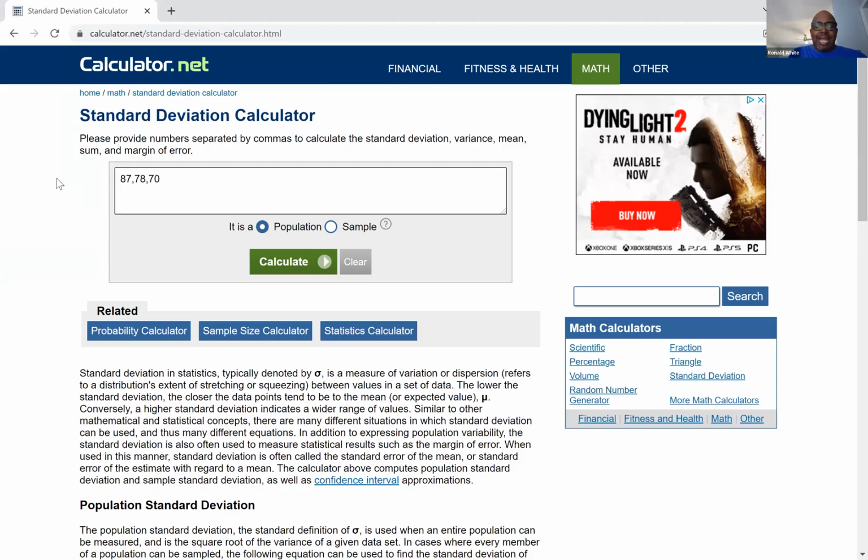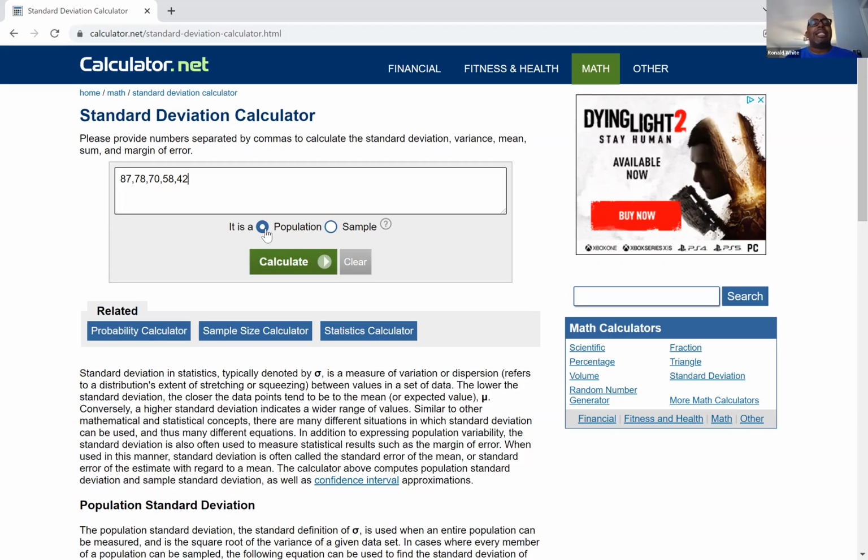This is calculator.net, standard deviation calculator. Again, I'm going to show you how to use SPSS, but I just want to get you the concept. SPSS is wonderful. We'll do all of this stuff in 1 second. However, you got to know something about how to interpret these numbers, and that's what I'm trying to teach you.